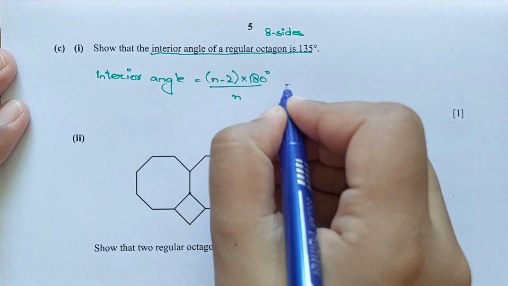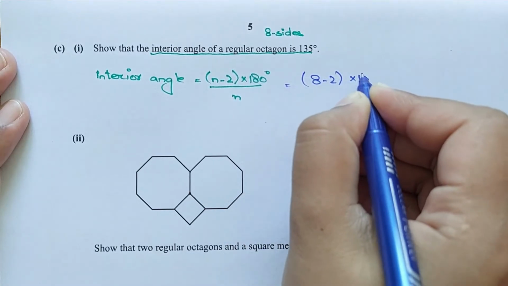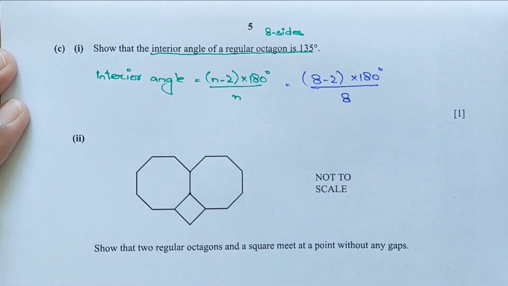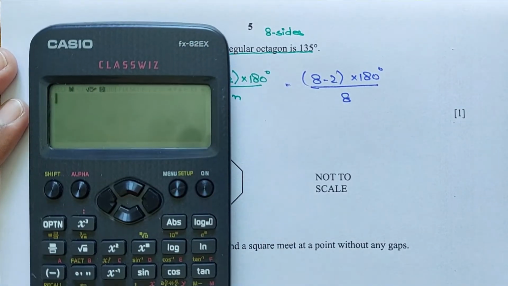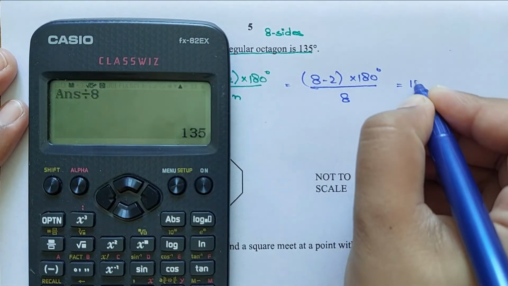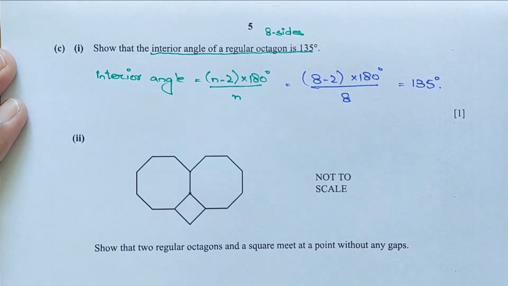So the number of sides are 8. So 8 minus 2 times 180 degree divided by 8. So we have 8 minus 2 is 6. 6 times of 180 and divided by 8, that is 135 degrees. It is proved. So we have shown that the regular octagon has an interior angle of 135 degrees.